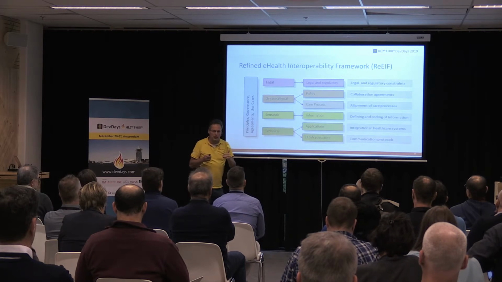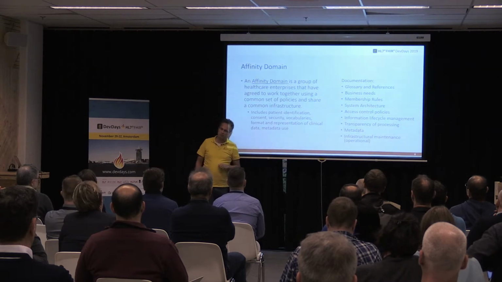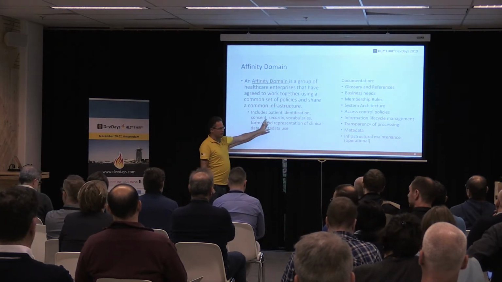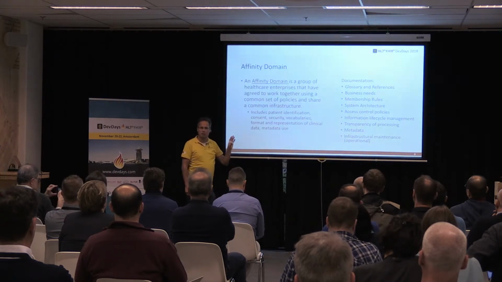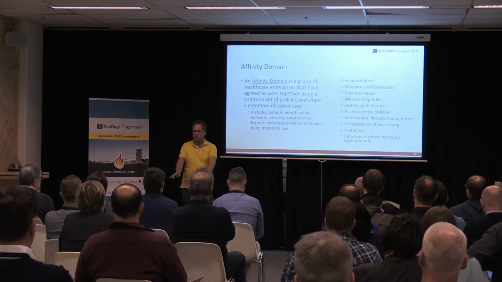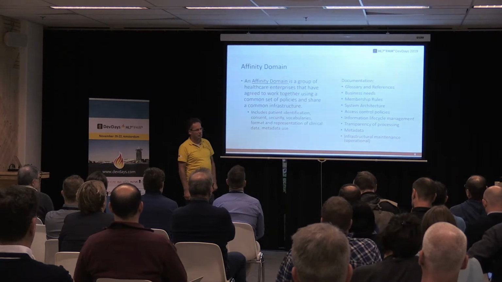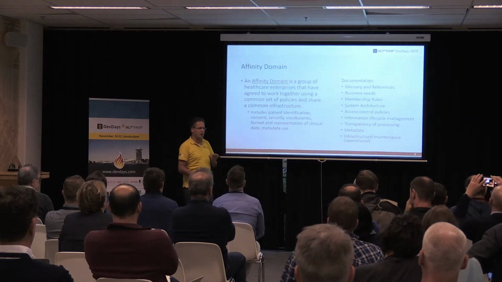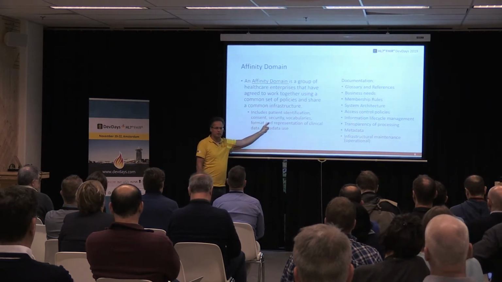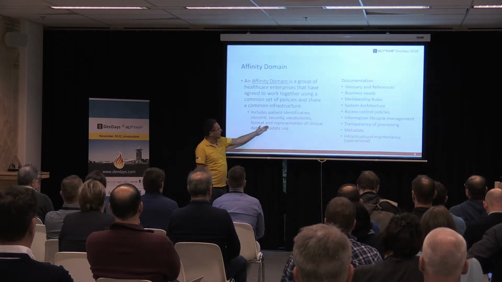Why am I showing you that? Well, IHE has a different term for it, and it's called an affinity domain. IHE says, well, once you have agreement on all of this, which is a fair bucket of stuff, actually, then we have this nice technical standard that tells you how to exchange documents. Okay, that's like sweeping a lot of problems under the carpet, because this is all of those layers we saw on the previous diagram that are not related to the technical aspect that you can easily standardize.